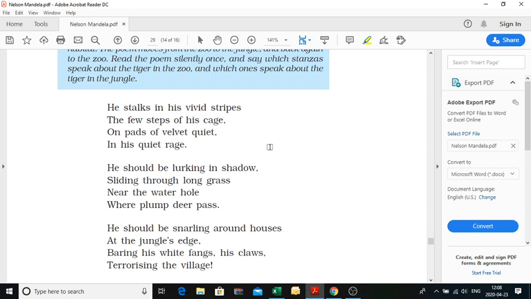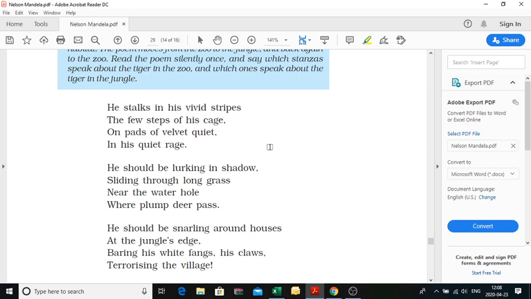I told you better, the poem has two settings, right? The first setting is that of the zoo, where the tiger is put in a cage, and the second setting is that of a natural wild habitat of the tiger. Batao, which stanza is telling us about this?